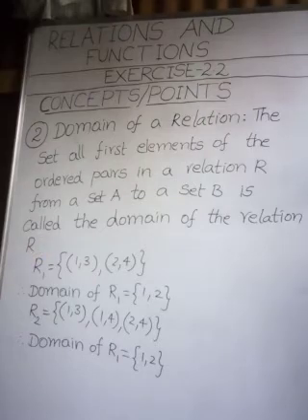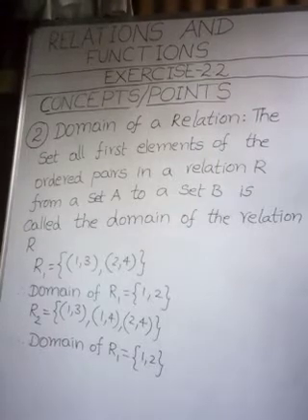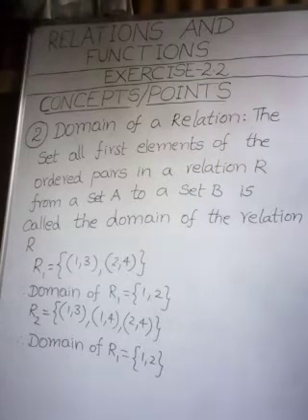In a relation, there are some ordered pairs. From those ordered pairs, we have to concentrate on the first elements of all ordered pairs in the given relation. Understood this definition, my dear children? Let us take an example to understand this definition clearly.